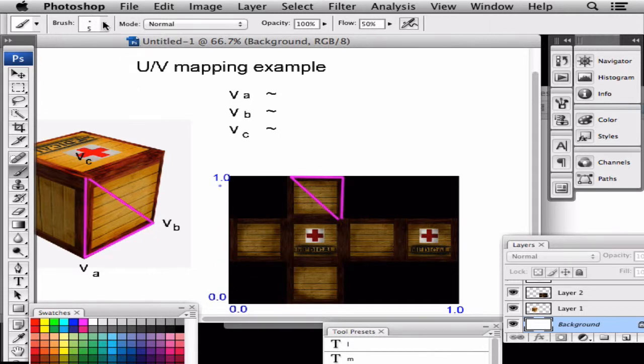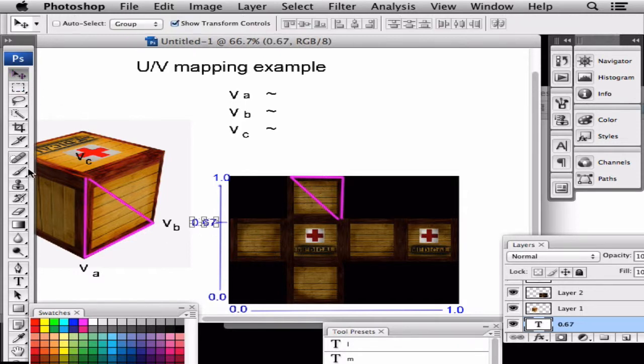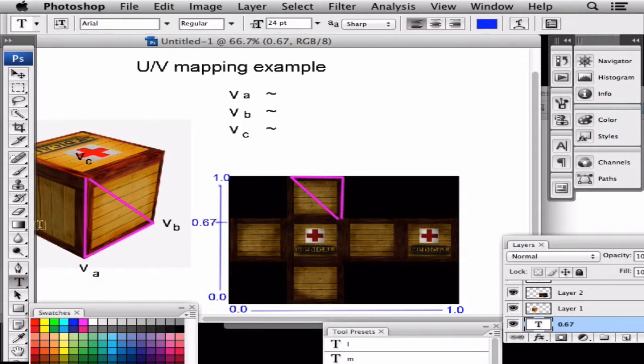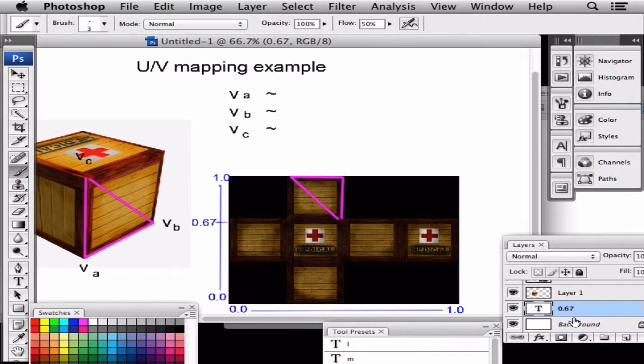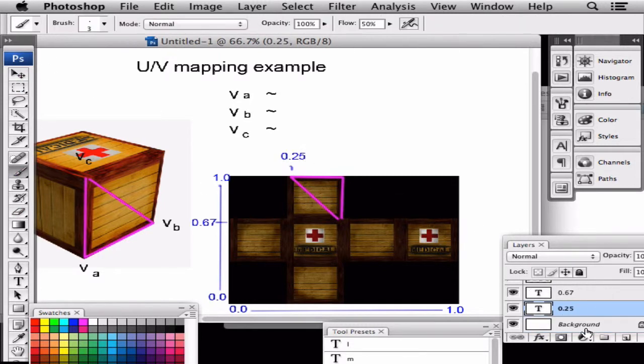So at this point here, where these vertices are, this is like 2/3 up the axis, so that must be 0.67. On V, of course. And this point here is a quarter along this axis, so that must be 0.25. And this point is exactly half, so that must be 0.5.